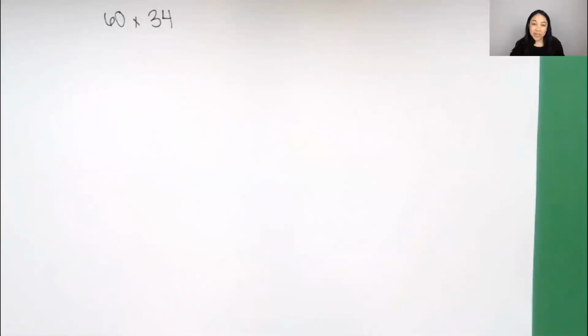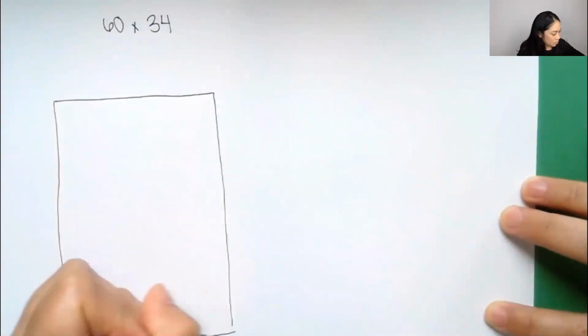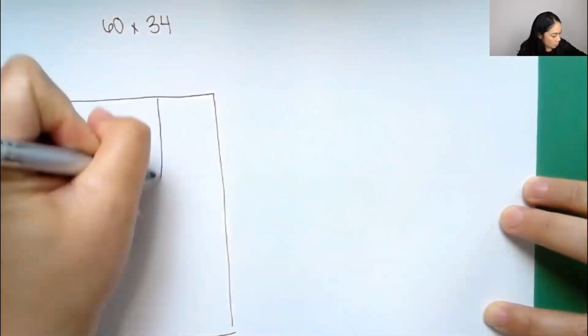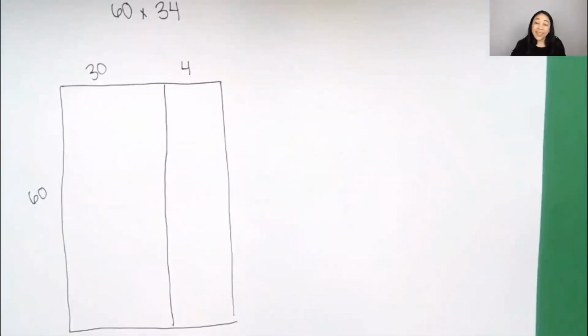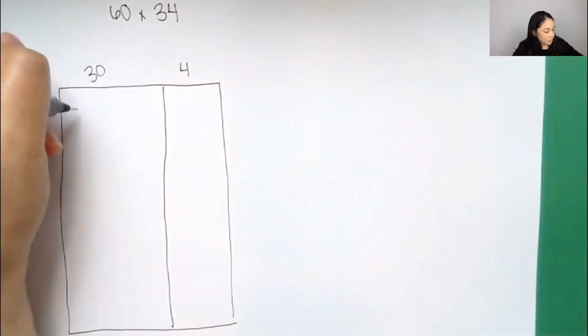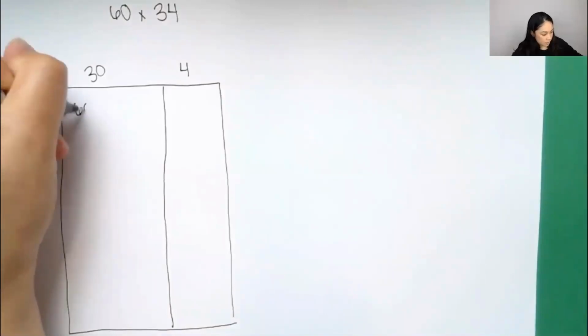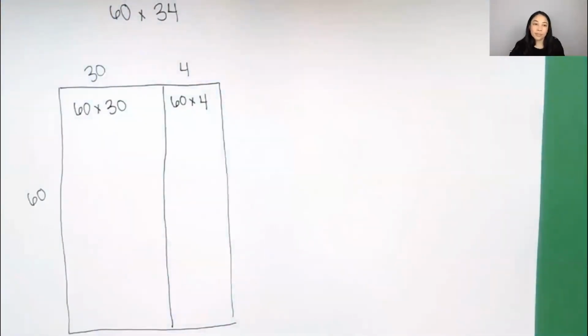Draw an area model to represent 60 times 34. Next, inside each rectangle, write the expression that solves the area of each rectangle. Let's write 60 times 34 vertically, next to the area model.